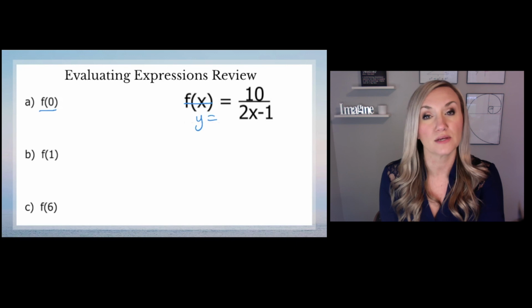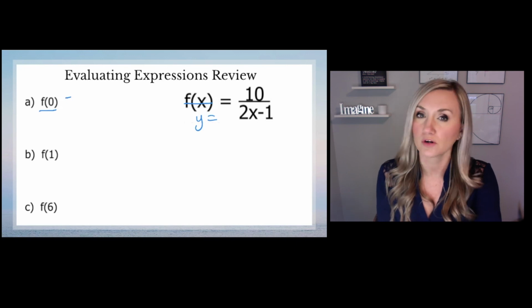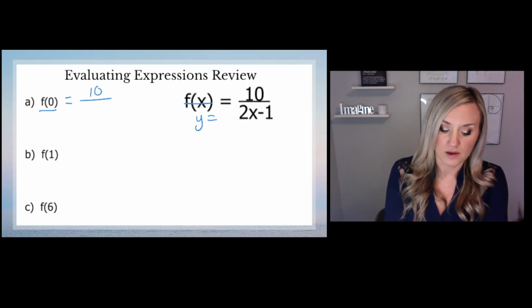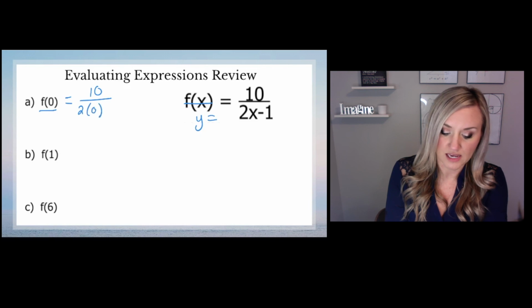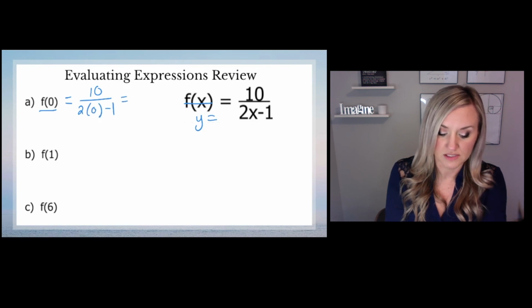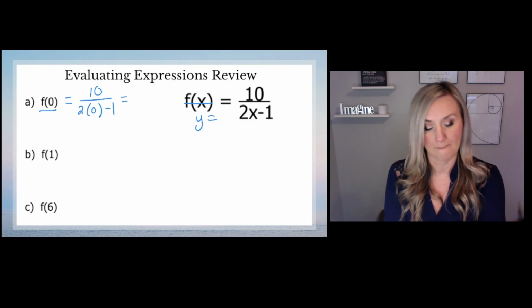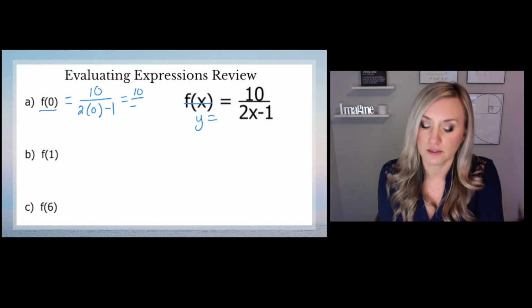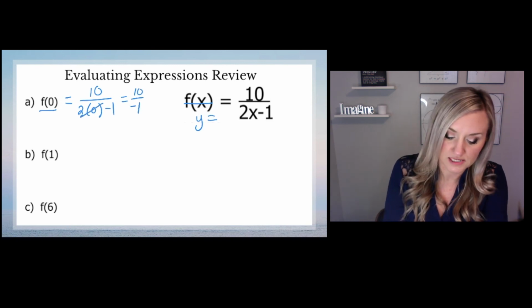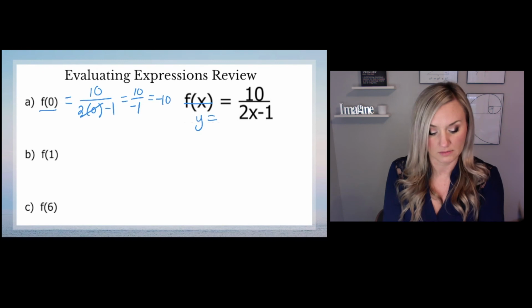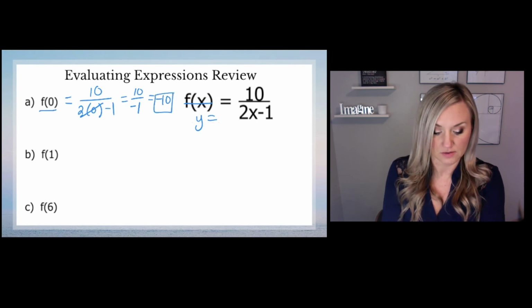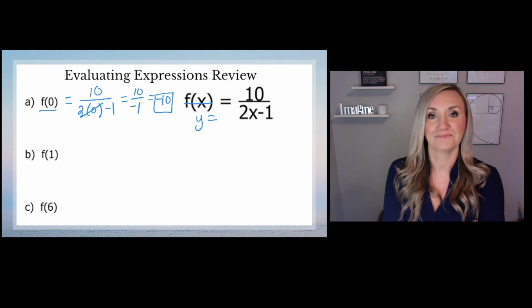It's just telling the reader that this is a function. It's a good working machine. So I'm going to say, well, I have 10 over 2 times the 0 minus 1. Now 2 times 0 is 0, so really it becomes 10 over negative 1, right? And then now the answer is negative 10.